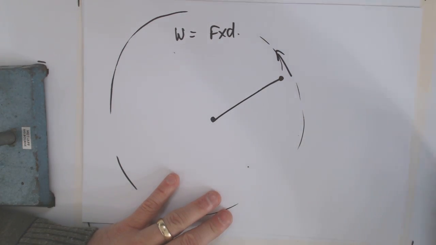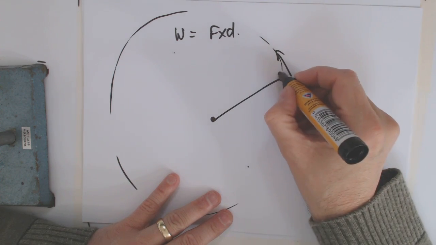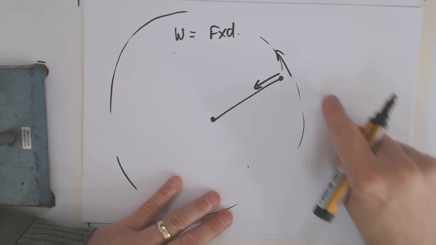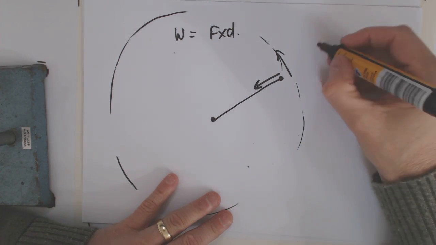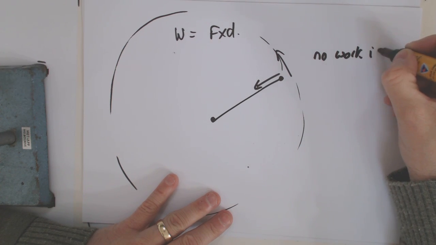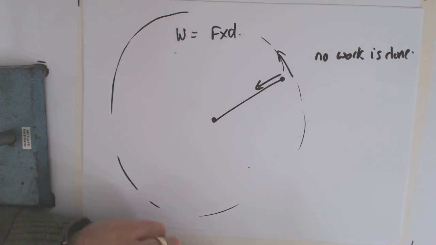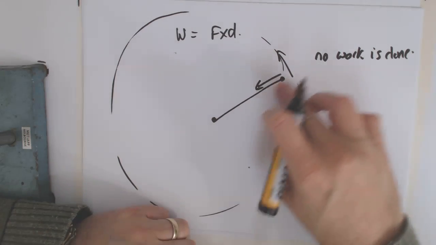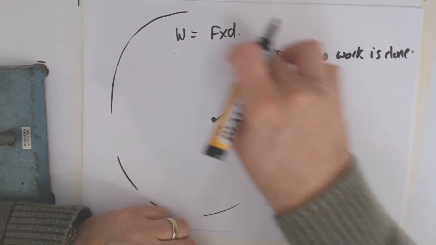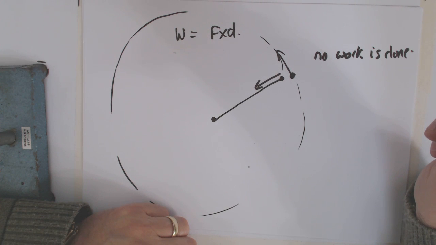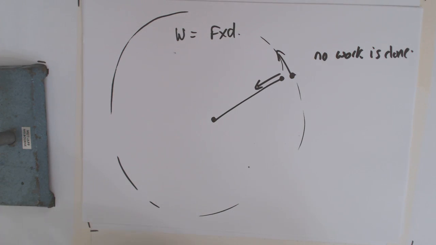The velocity is that direction, so the motion is in that direction and the force is in that direction, centripetal force. There is no component of the force in the direction of motion, so no work is done. So if no work is done, there is no change in mechanical energy. So you're applying this force the whole time, but there's no change in the mechanical energy. So the kinetic energy of this object will stay the same. But you're having to exert a force the whole time just to keep it going in that direction. So that's work and energy.